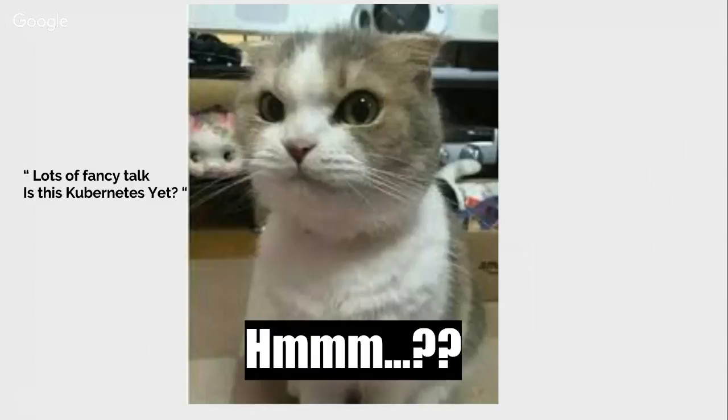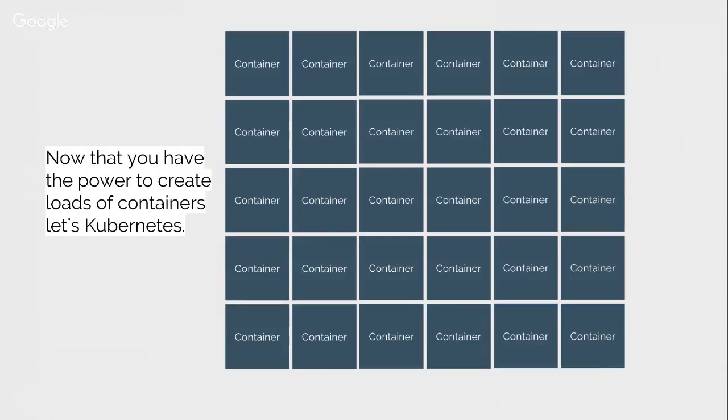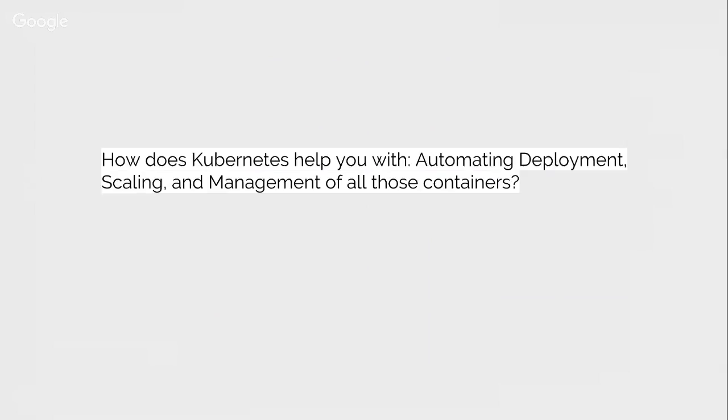So you're probably thinking, wow, that's a lot of fancy talk, but is this Kubernetes yet? But we have to build that baseline because Kubernetes is based on using containers. So now that you have the power to just make a bunch of containers, how are you going to manage these things? And that's where Kubernetes comes into play.